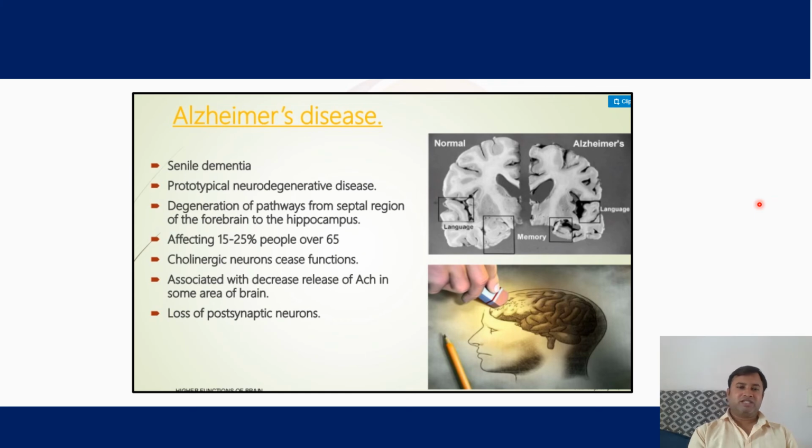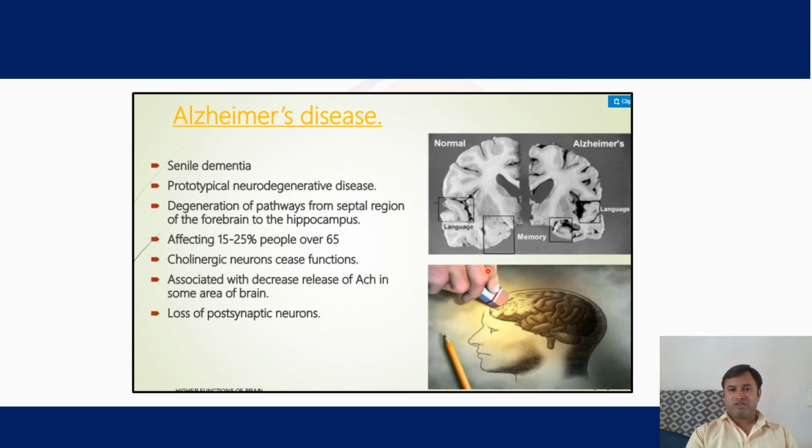One of the diseases related to memory is Alzheimer disease, in which the acetylcholinergic neurons are destroyed and a deficiency of the acetylcholine neurotransmitter occurs. Mostly it occurs in people over 65 years old, and loss of postsynaptic neurons occurs. So this disease is also called senile dementia.